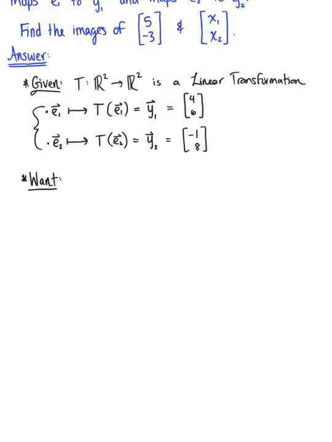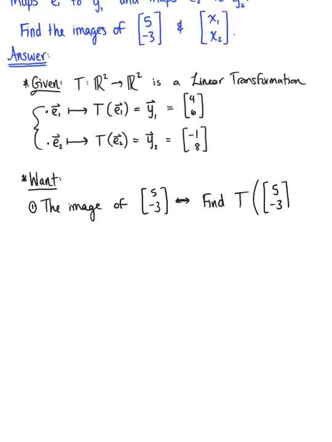So the first thing that we want is the image of this vector (5, -3). This is equivalent to saying we want to find the image of the vector (5, -3) under the action of T. So we'll start with this part 1.